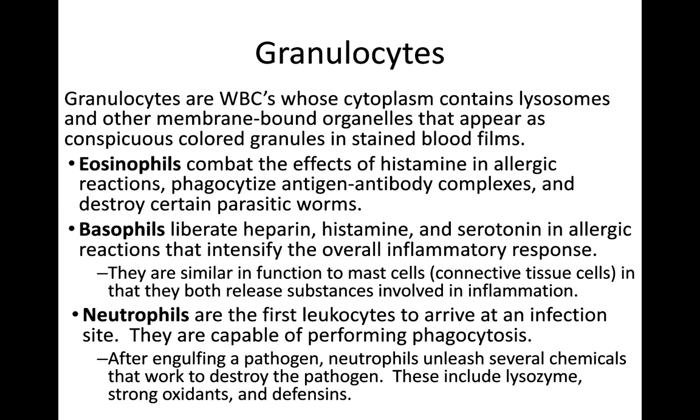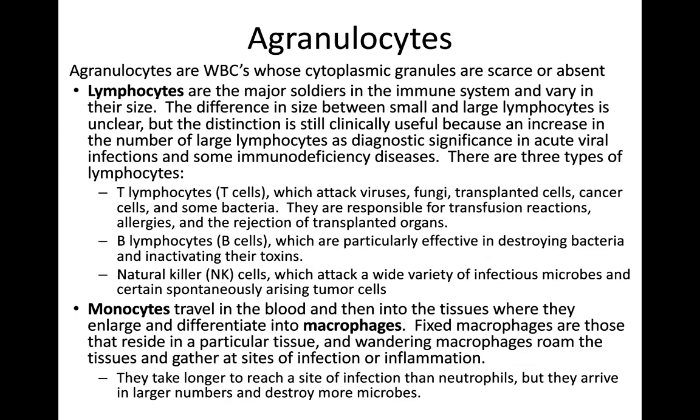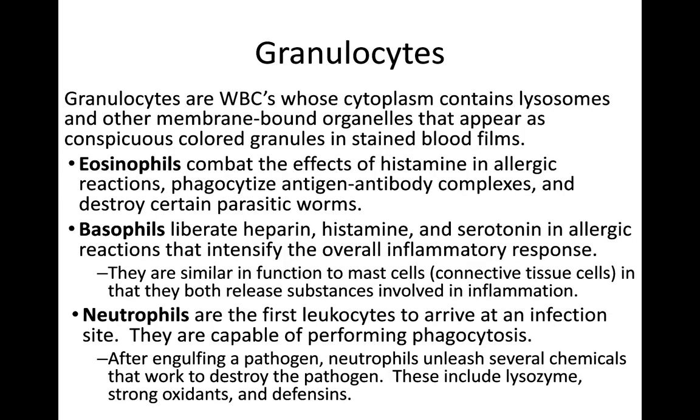The ending phils, or phil if you're only talking about one, is common between these three, which is not the case for the agranulocytes, which end very differently with the suffix cyte or cytes at the end of their term. Okay. So those are the five types.